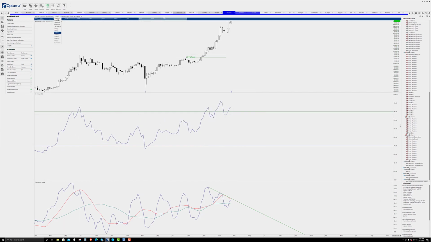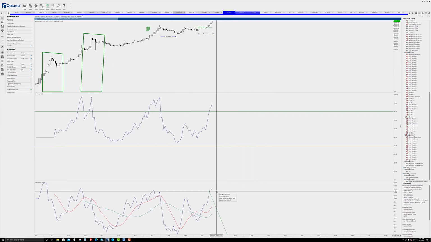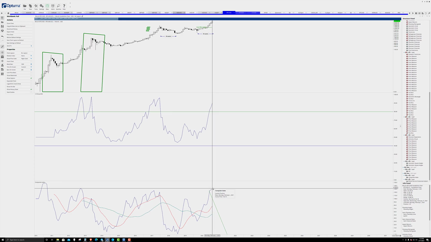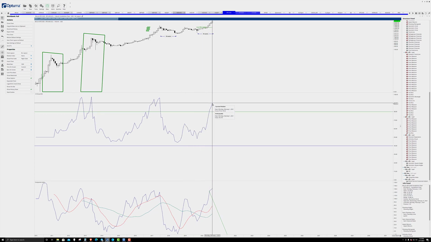If we take a look at the monthly chart, the composite index is at a historical high, the highest it's been since March of 2013. The RSI is at the highest it's been since January 2017.